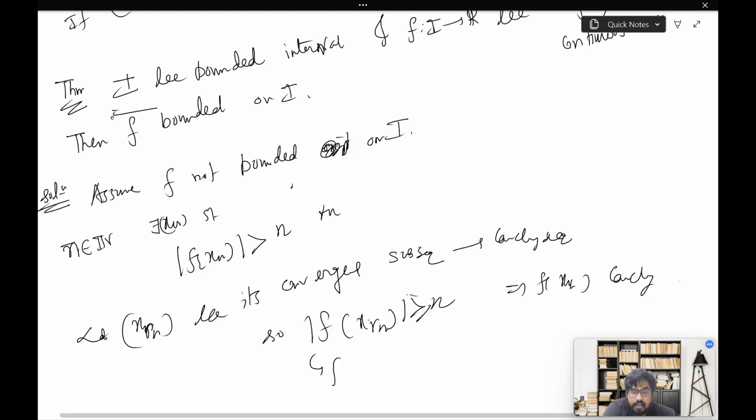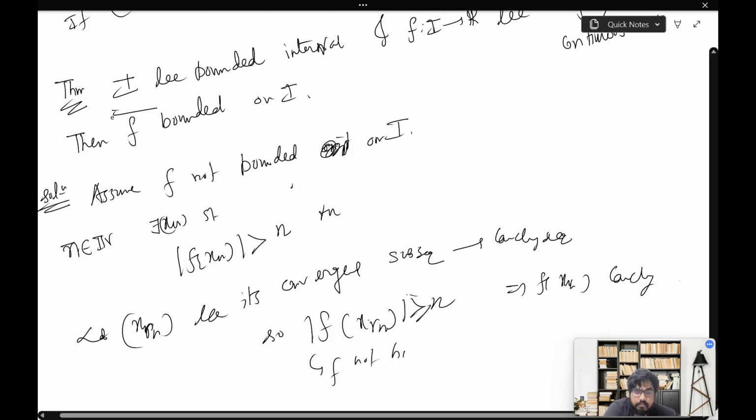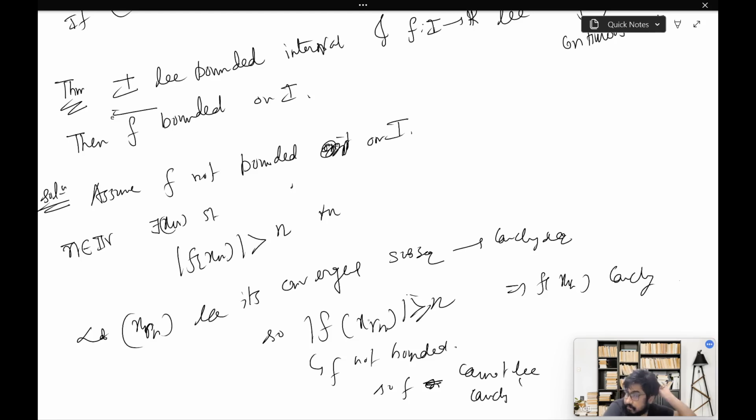This tells f is not bounded. So f can't be Cauchy. Yeah, that's it. So f is bounded on I.